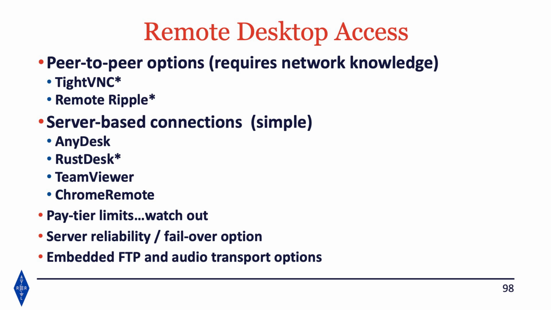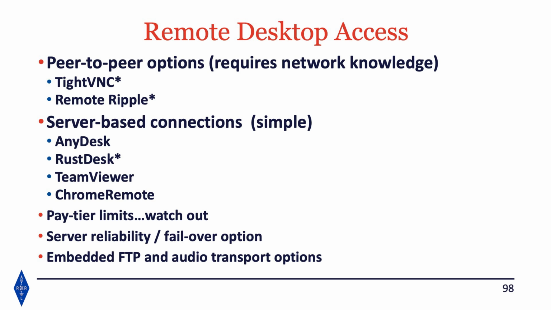Essentially, there's 2 apps. On the remote site, the site with the radio and the antennas, you would run TightVNC server. Once you install it, it is launched on boot up if you elect that option. And when the PC wakes up, it launches that server function.